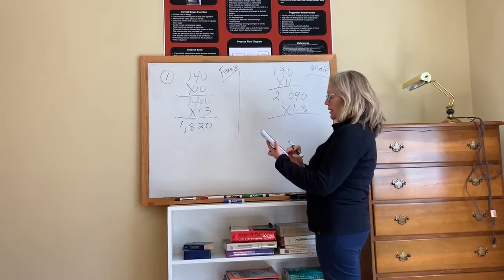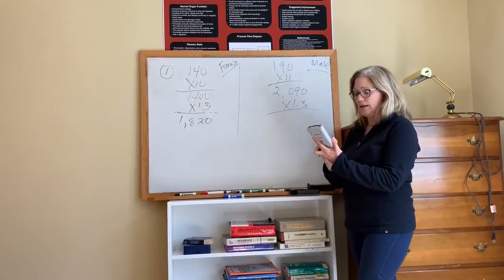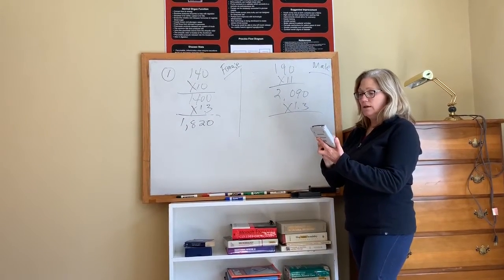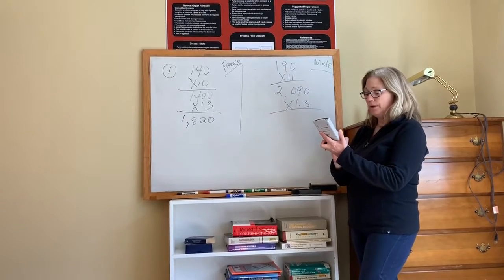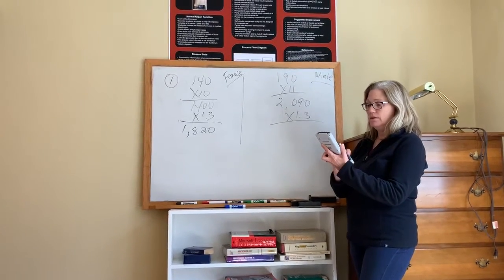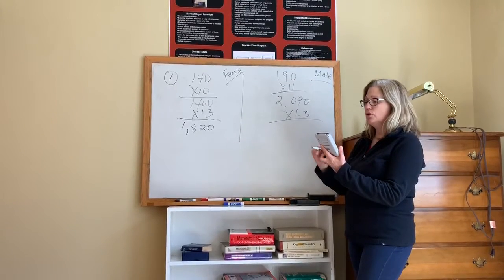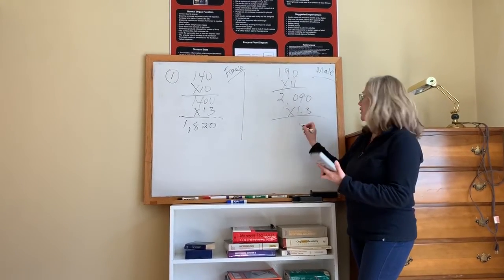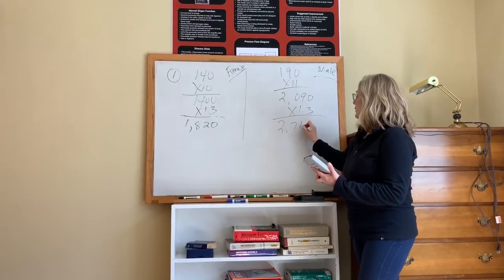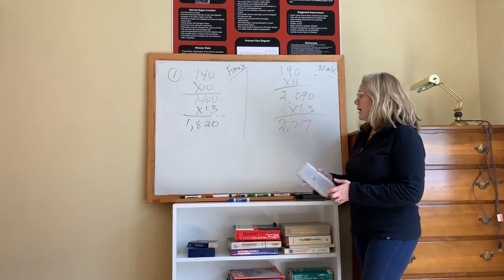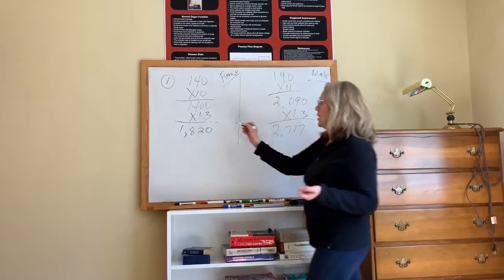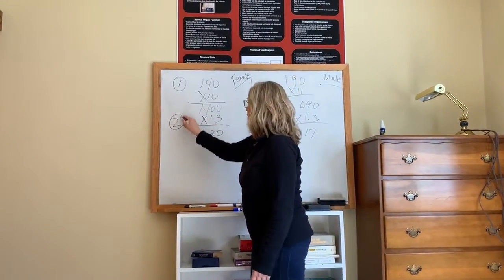For this male, it's 2,090 calories multiplied by 1.3. Okay, so I have 2,717. The activity factor was step 2.